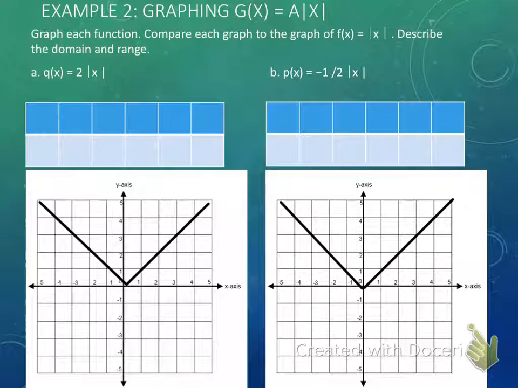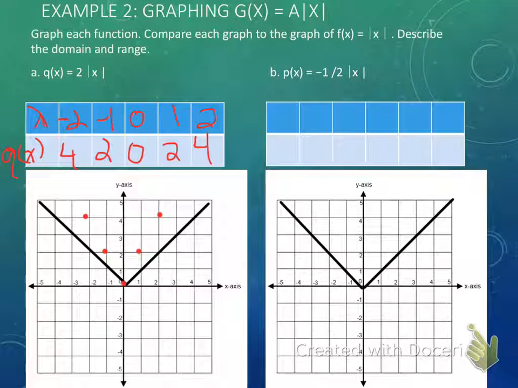I'm going to make a table of values so that I can figure out what my q of x is here. I'm going to pick the good old -2, -1, 0, 1, 2, which gives me 4, 2, 0, 2, 4. Then to plot those points, I'm doing (-2, 4), (-1, 2), (0, 0), (1, 2), and (2, 4).